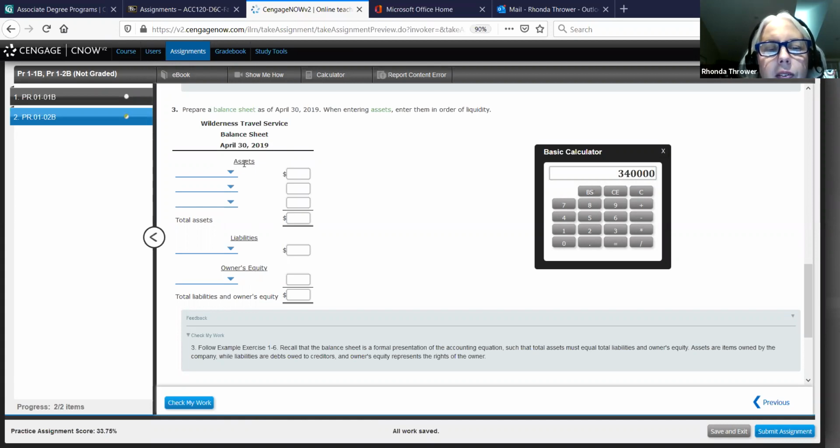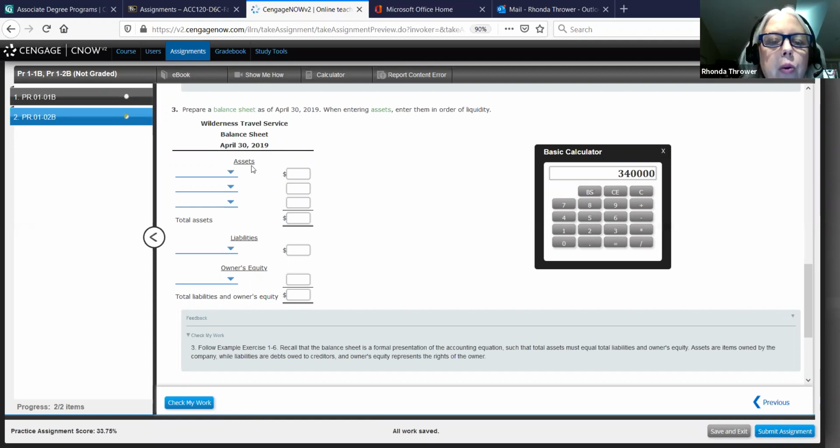The balances of our assets, liabilities, and owner's equity will end up on the balance sheet as of the last day of the accounting period. That's the balances that we have left over in the asset or in the balance sheet accounts. They're always as of the ending date of the accounting period.